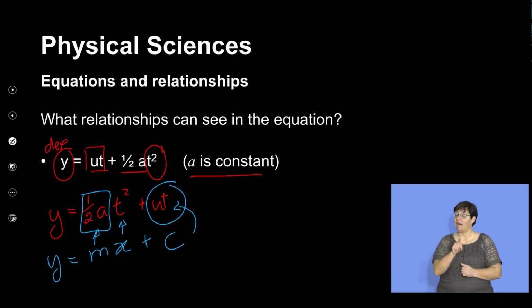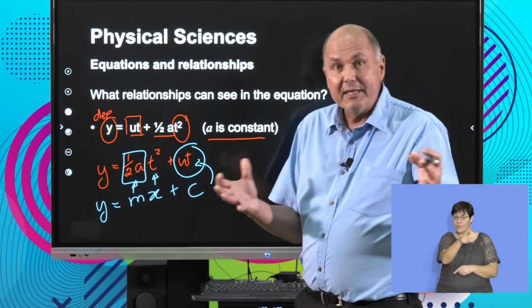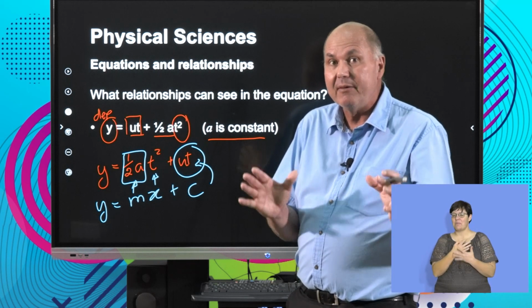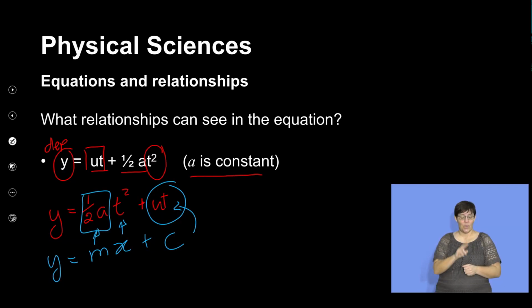Even though we've got t in two parts, we can simplify it a little bit. And to help us, the u stands for speed, the t is for time, and the y stands for distance.